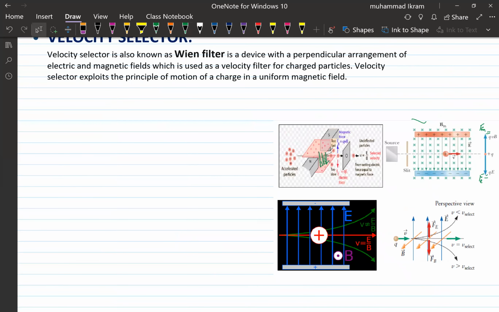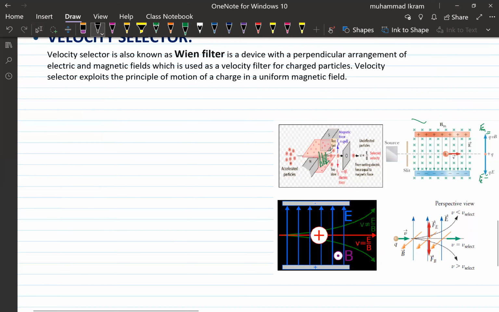As we know, if the charged particle is passed through the region where both the electric and the magnetic field are acting on it, then the two forces may balance each other at one point, right?